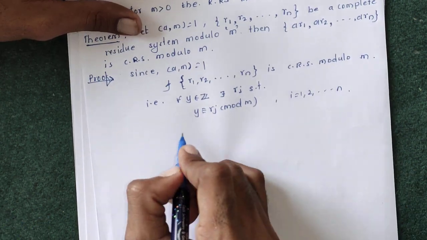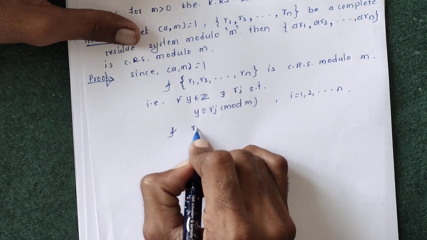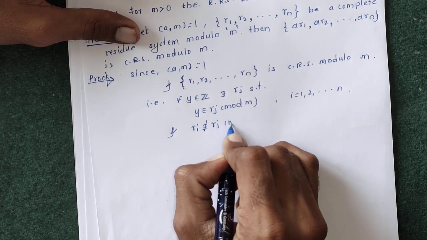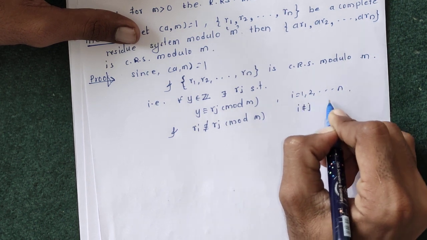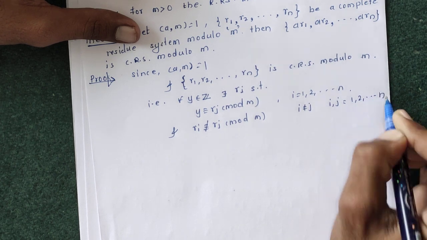And also by the note we can say that ri is not congruent to rj under modulo m for i not equal to j, where i, j vary from 1 up to n.